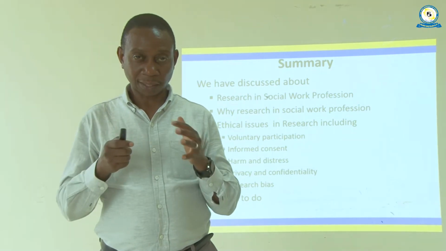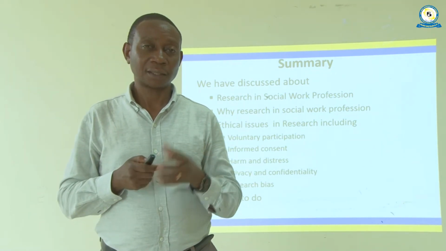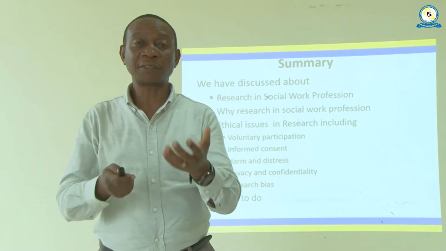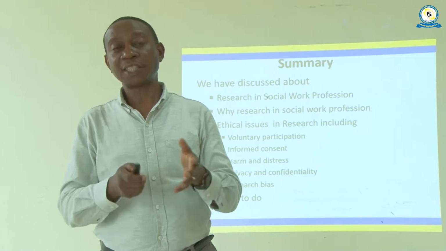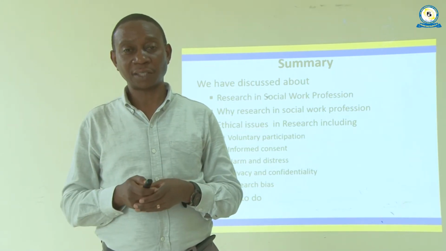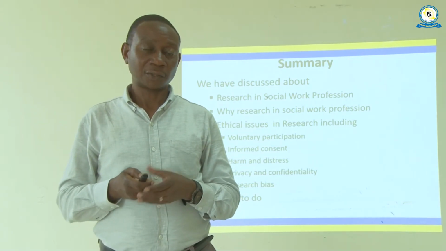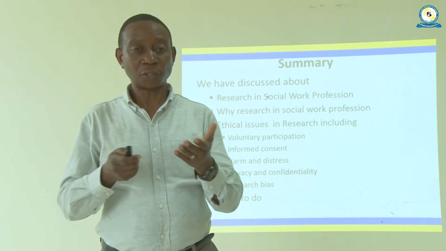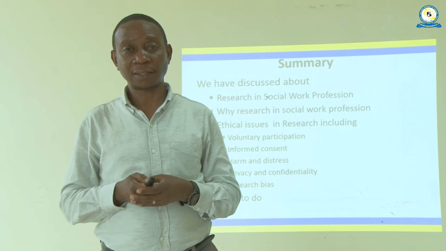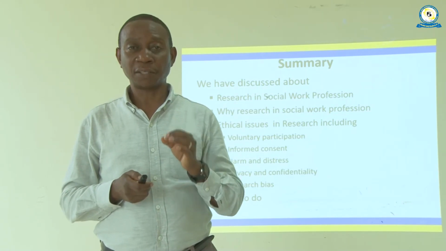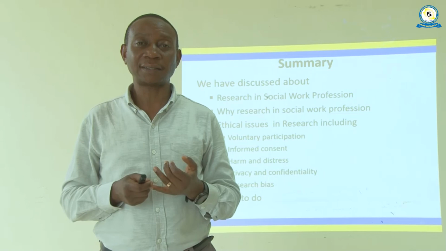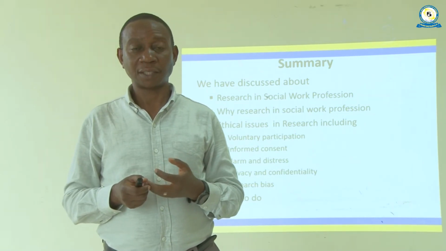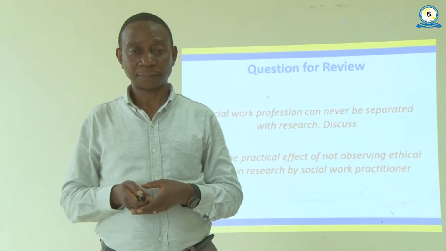You need to make sure that the questions that are constructed and the people involved in the research lead to what the research intends to get as a result. And then what to do, as I've mentioned, is to make sure that you abide by ethical principles, social work ethical standards, social work values, and social work principles in doing the research.